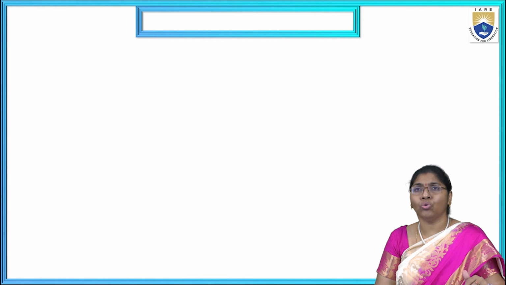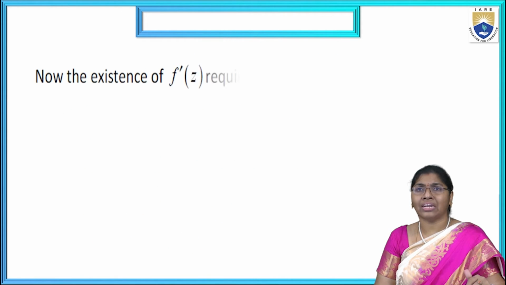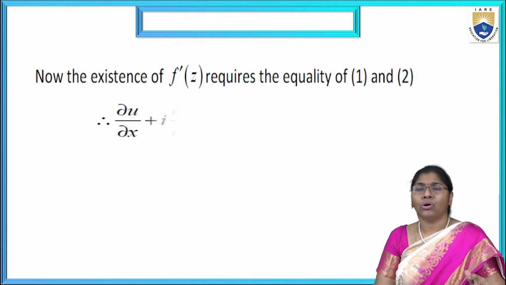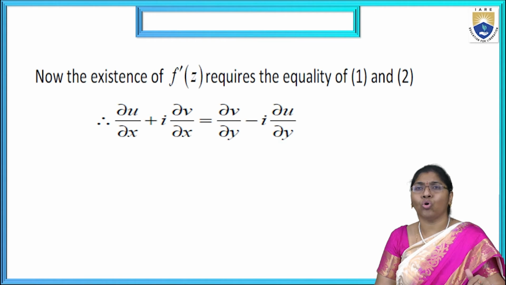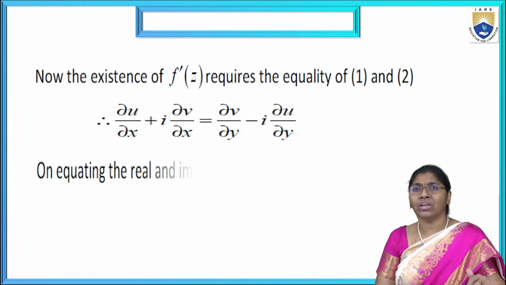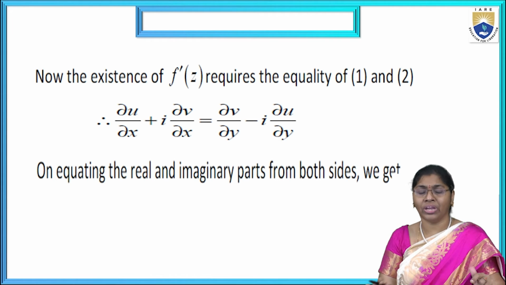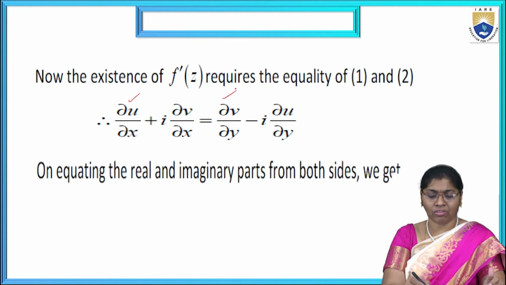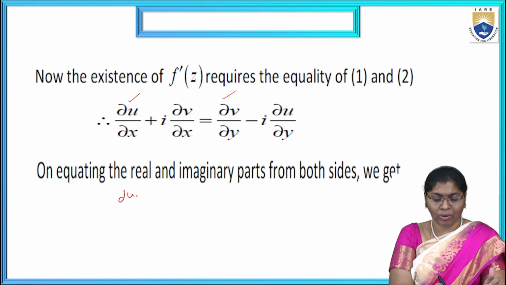Now equating equations 1 and 2, we get dou u by dou x plus i into dou v by dou x equal to dou v by dou y minus i into dou u by dou y. Now equating the real and imaginary parts, that is dou u by dou x equal to dou v by dou y.